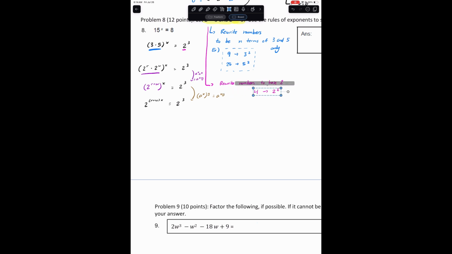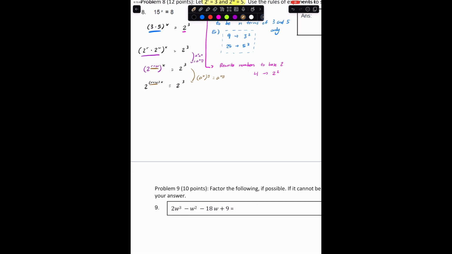Okay. So what I did is I took this sum and treated it as one factor. I can distribute it, but I don't need to. I want x by itself. From here, I can use the rule that when the base is the same and both values are equal, then the exponents must also be the same.